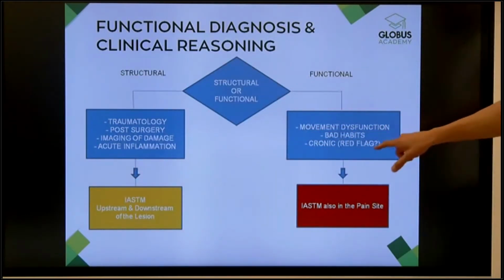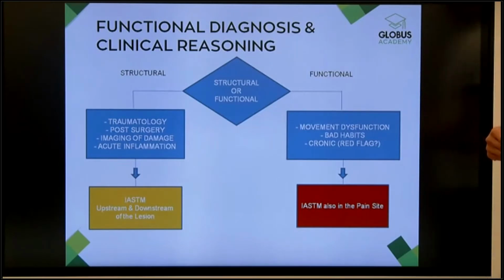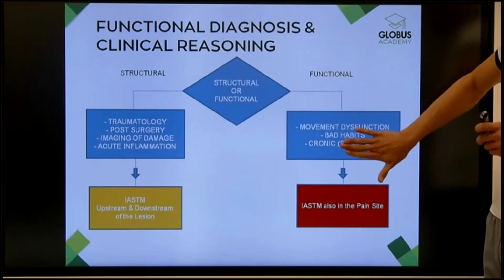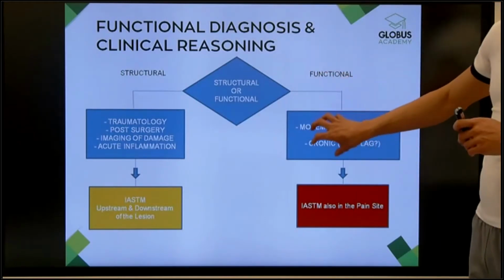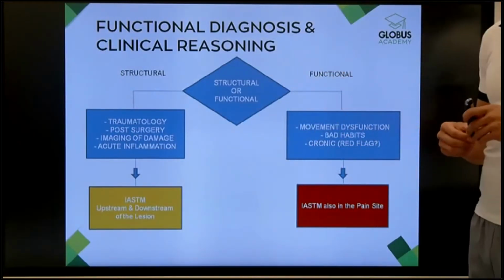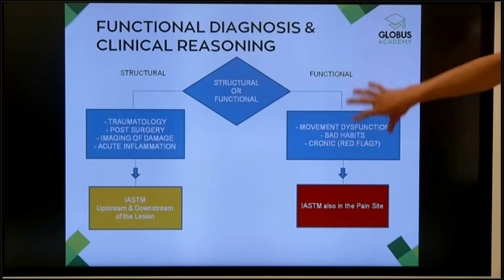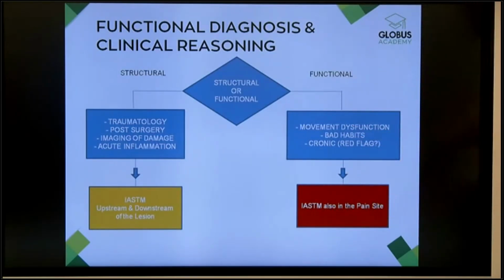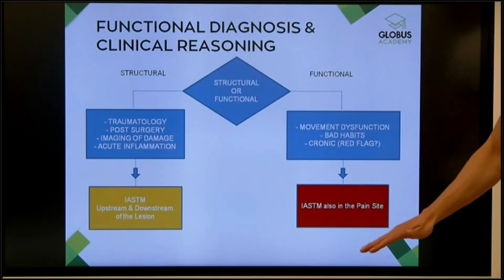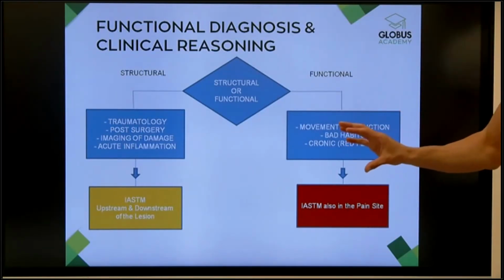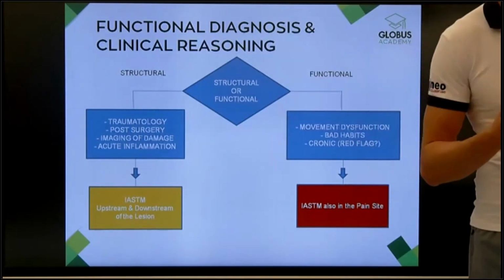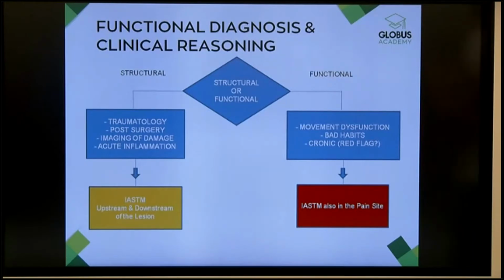We have to exclude, of course, the red flags. But if the problem is in the myofascial syndromes area, we can treat also at the site of pain. That means we can treat proximally, distally, but also directly on the site of the lesion. This is a very important and easy functional criterion.